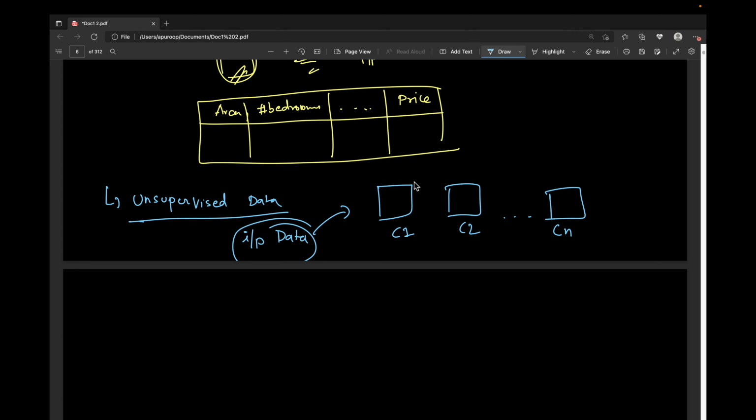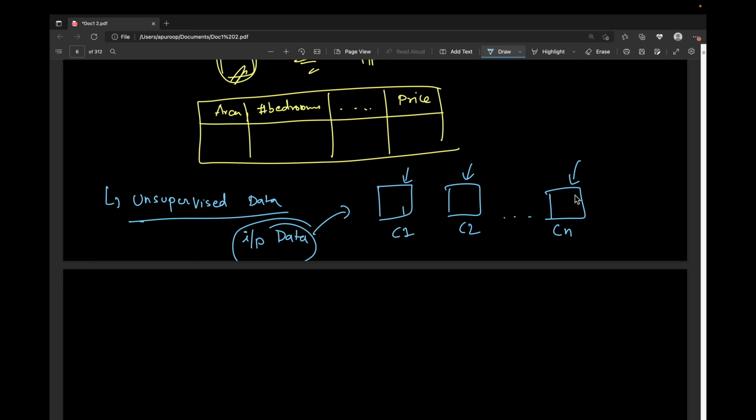All the things present in cluster C1 are of a similar type, and similarly all the things present in C2 are similar, and all the things present in Cn are similar.